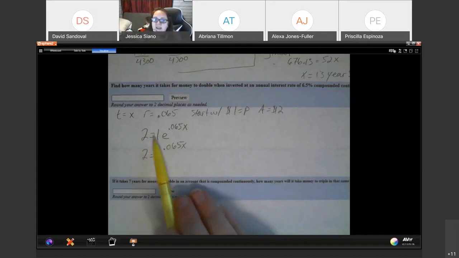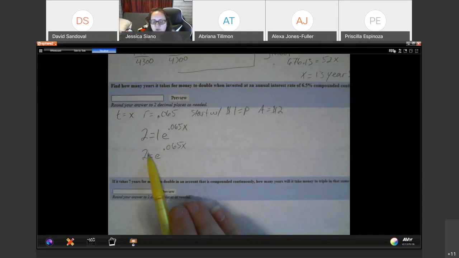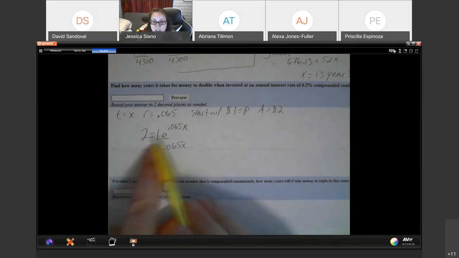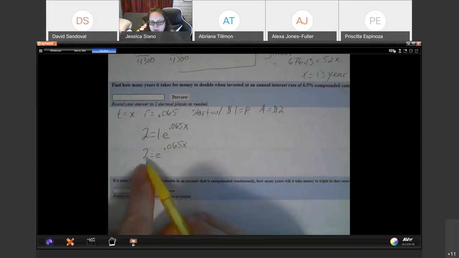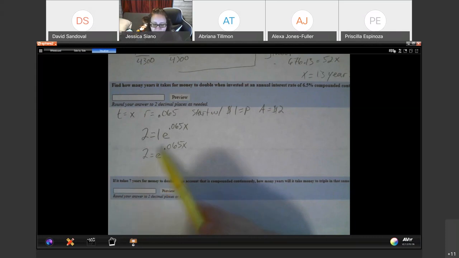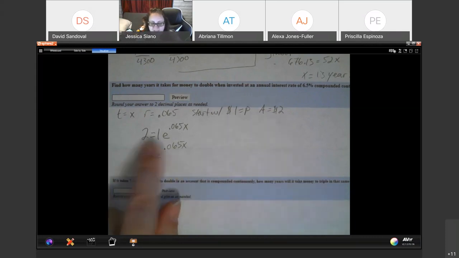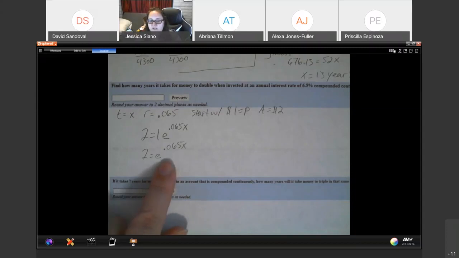If I had had a million here and 2 million here, I would have divided both sides by a million, and I would have ended up with a 2 here. So no matter what numbers, if I would have said P and 2P, I would have divided both sides by P, and I would have ended up with a 2 here. No matter what you plug in here, as long as you plug in double, this is where you're always going to end up. You're always going to end up with 2 equals e to the 0.065x.